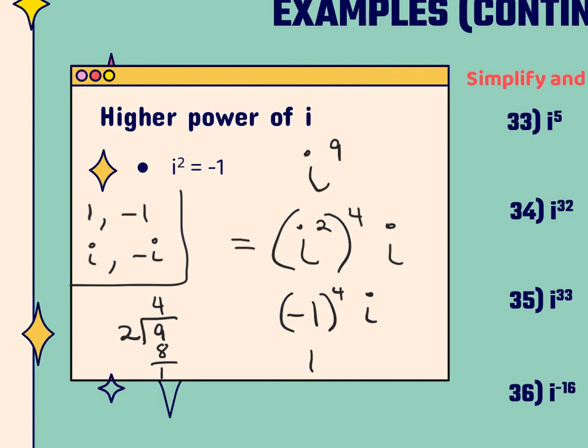If this were an odd exponent here, then the answer would be -1. So when the exponent is odd, it's -1, but when it's an even number, it's positive. Now I also still had this i that was left over. So now 1 times i, and the answer to i to the 9th power is i.